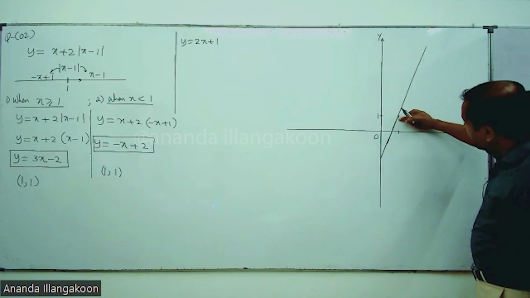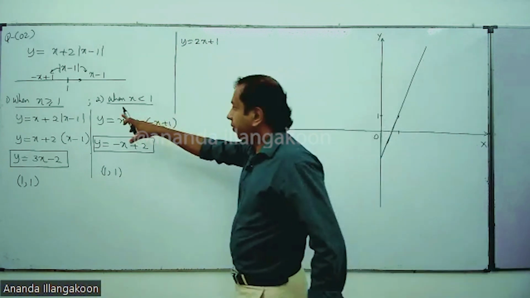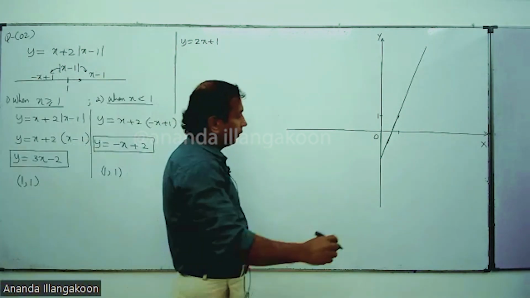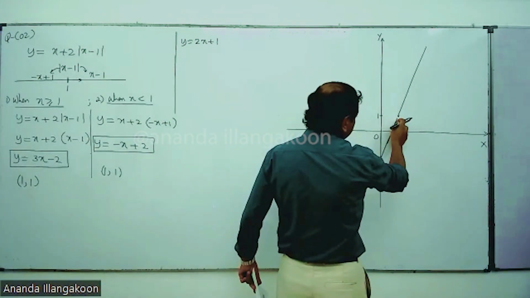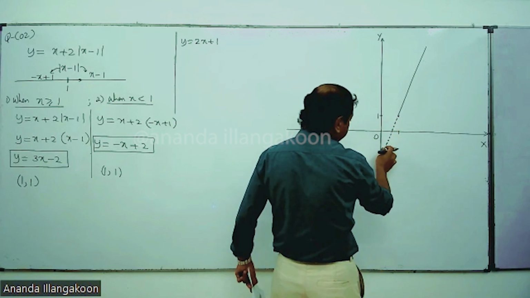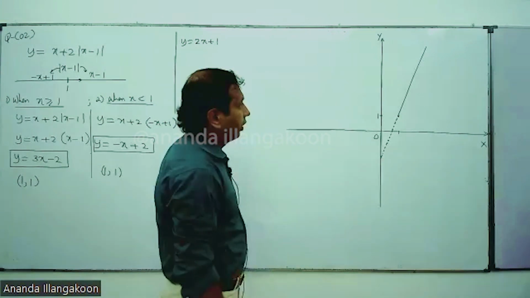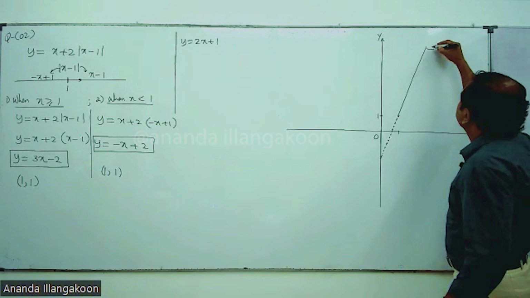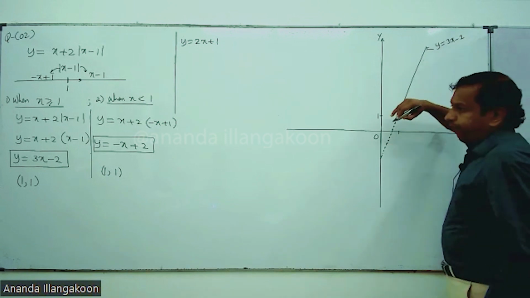But we need this graph only in the interval greater than 1. So this portion we draw by using dotted line like this. Then the equation of this branch is y equals 3x minus 2.